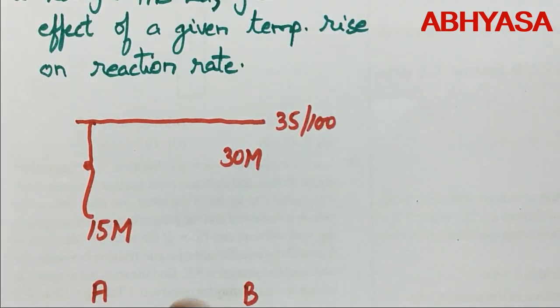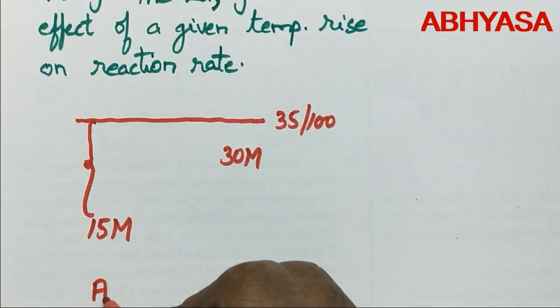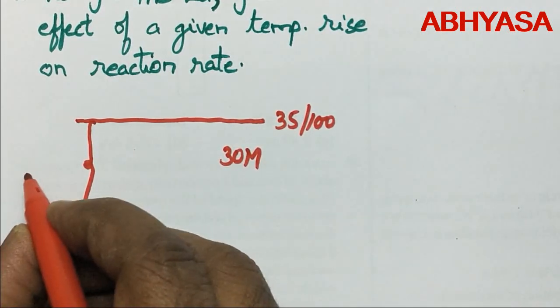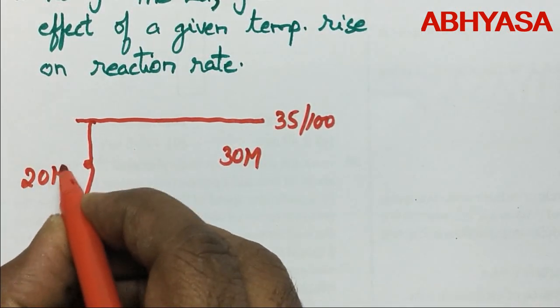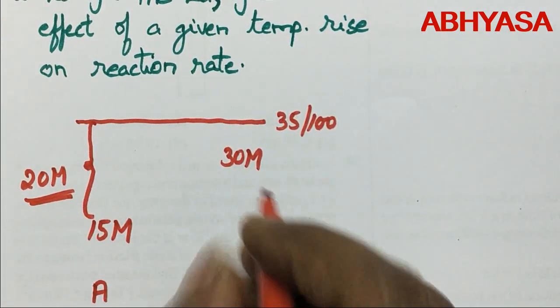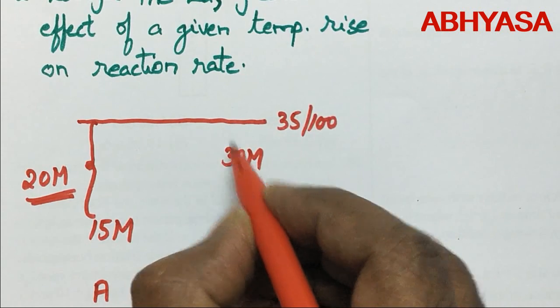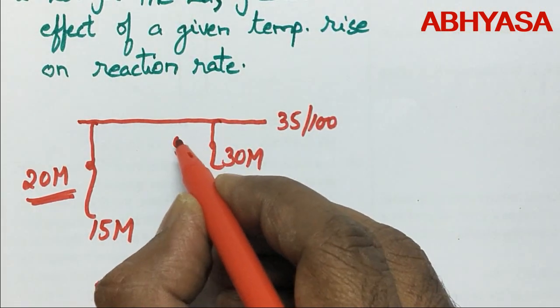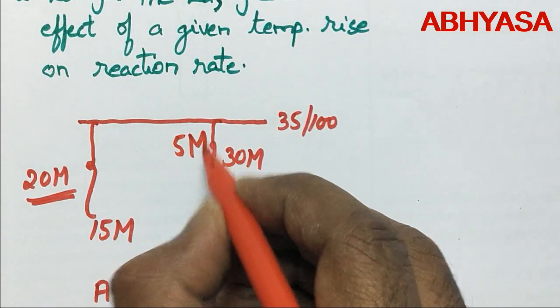Let me consider that I am doing the invigilation in this examination hall. Now I want to help both the students here. For student A, 35 minus 15, it is 20 marks. He needs help of 20 marks. And for student B, he already wrote up to 30 marks. He requires help of only 5 marks.